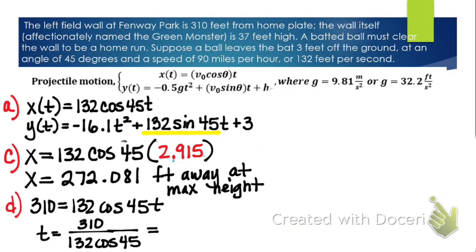Let me recheck again, make sure. So 310 divided by 132 cosine 45. Yep, 3.321 seconds.